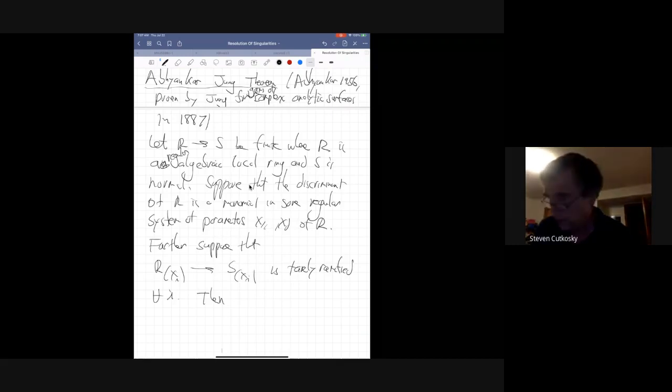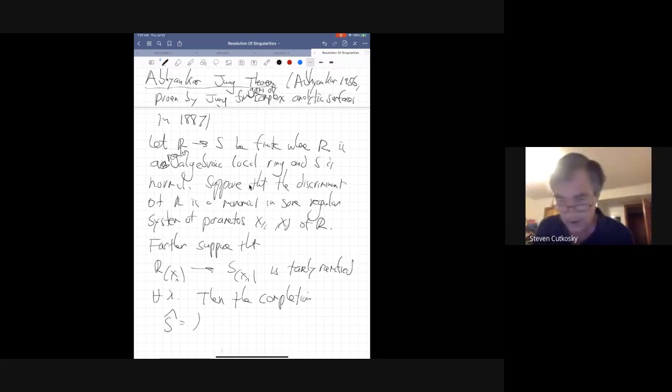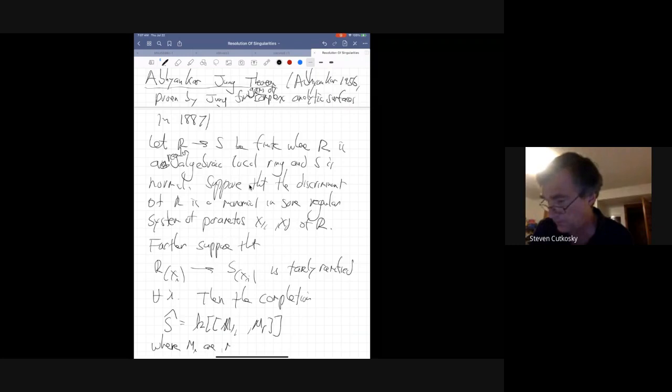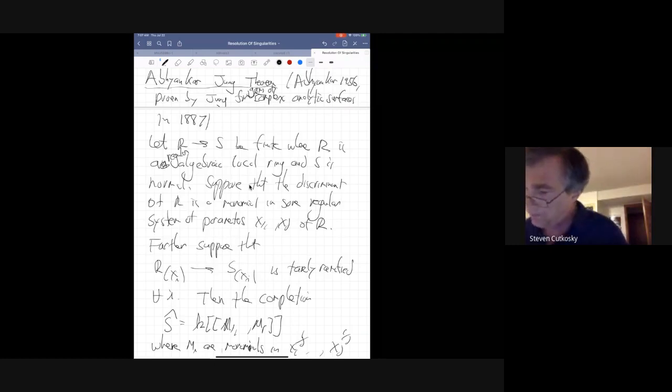Then the completion S hat is going to have this form: a power series in monomials in x1^(1/n), ..., xd^(1/n).